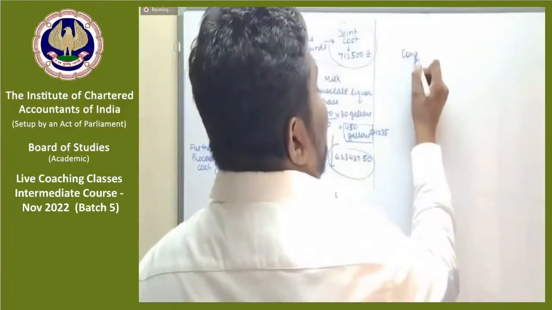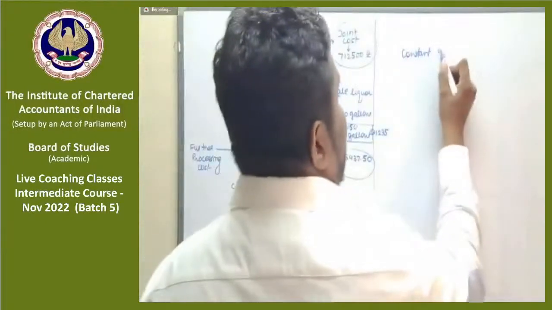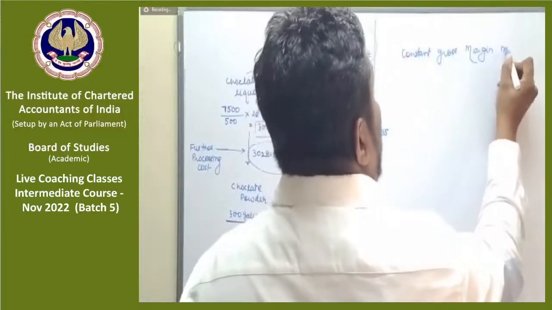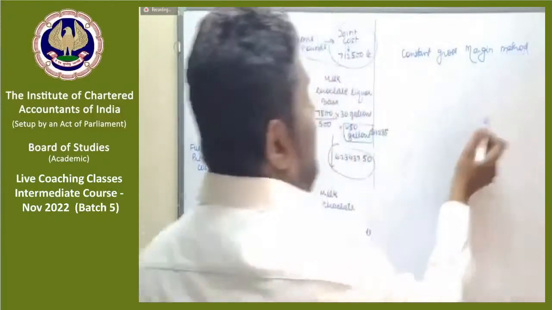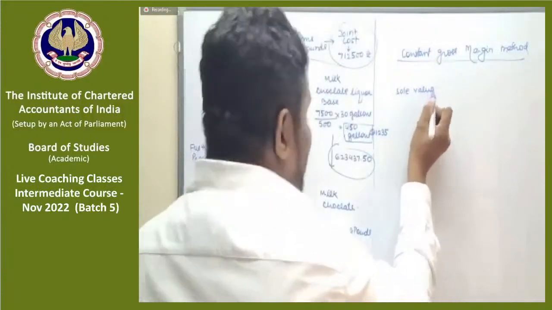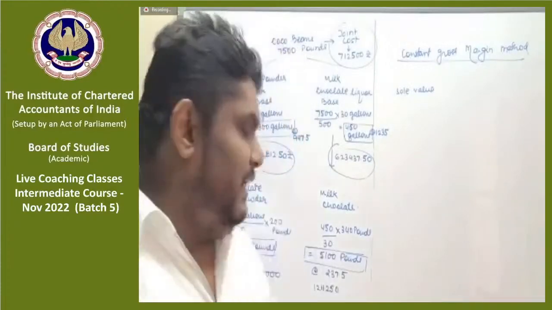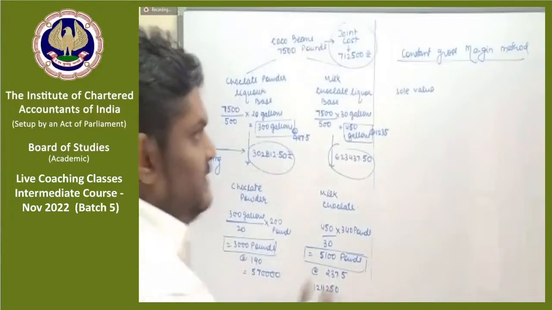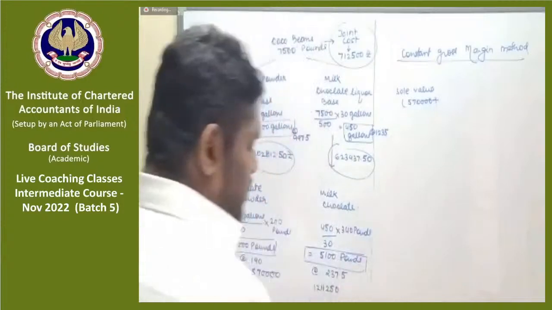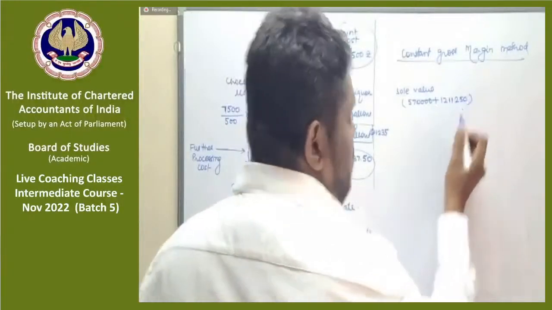One more new method asked by the examiner, that is the constant gross margin method. In this, the final sales value of these two, we have to calculate the gross profit percentage. So the final sales value of these two, that is 5,70,000 plus 12,11,250.